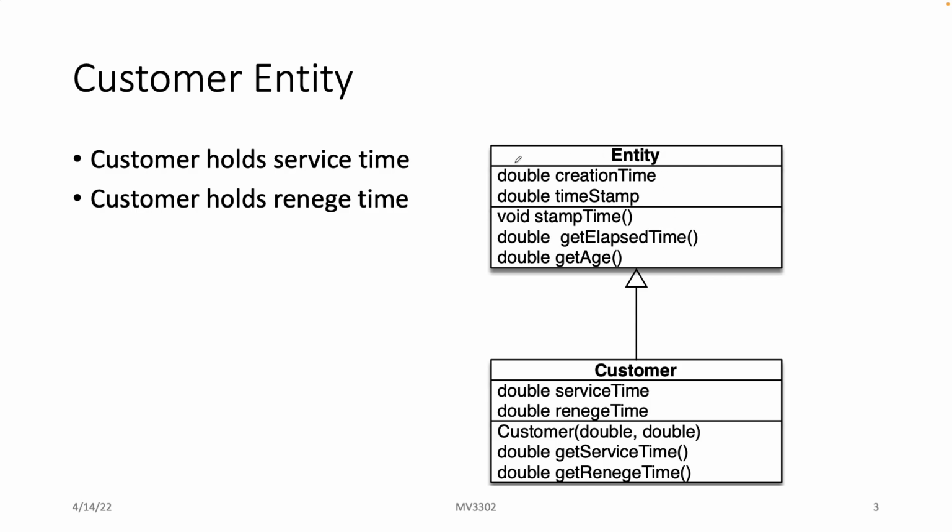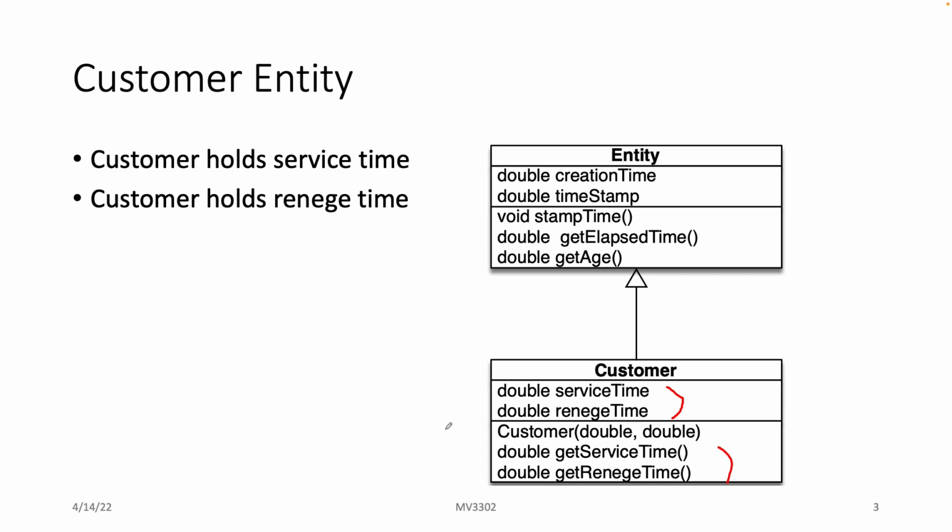And then in the implementation, conceptually, we have a subclass of the entity class. So in the abstract, we're adding two attributes, that is two instance variables, the service time and the renege time, and then we have getters for each one. And then how do we get them in there?